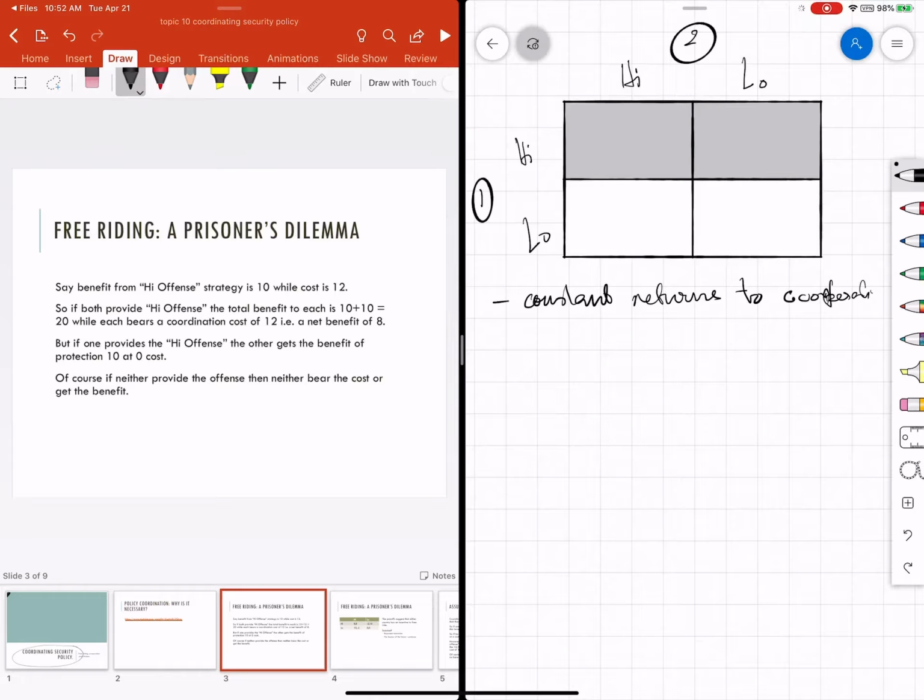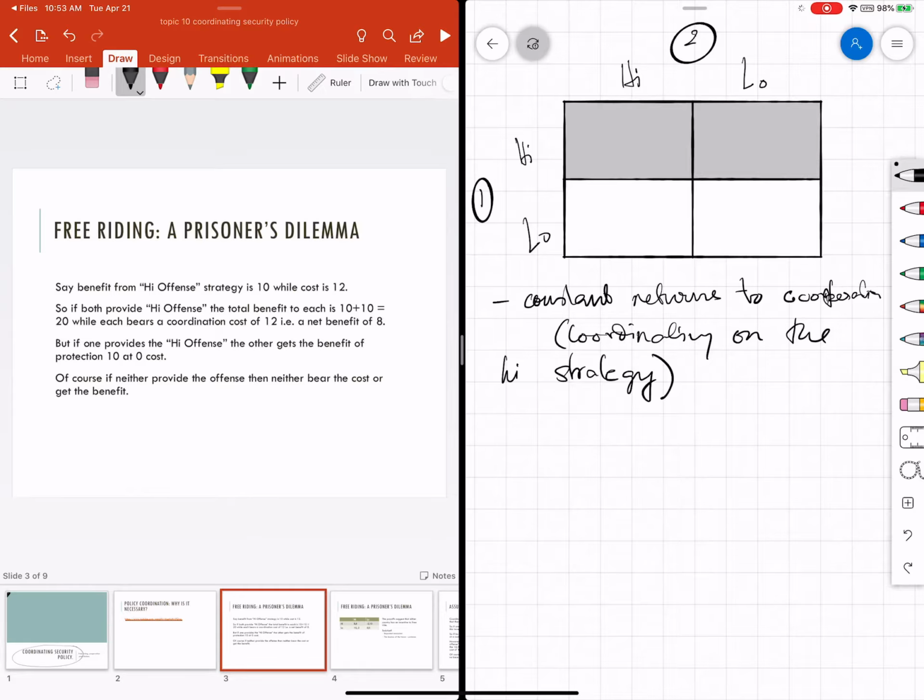That is, in this case, coordinating on the high strategy. So that's high defense or offense, whichever way you want to look at it. It doesn't quite matter. I mean, if you think that offense is the best form of defense, well, that's high offense. If you just want to do defensive, well, that's defense. And at the end of the day, it doesn't really matter.